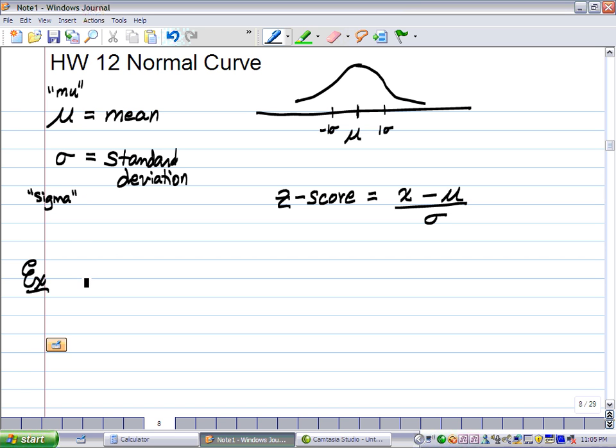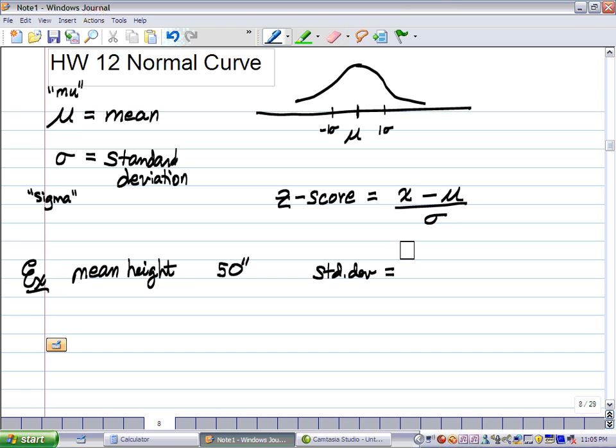So let's do an example. Say the mean height of the population of a certain school is 50 inches, with the standard deviation being 5 inches.